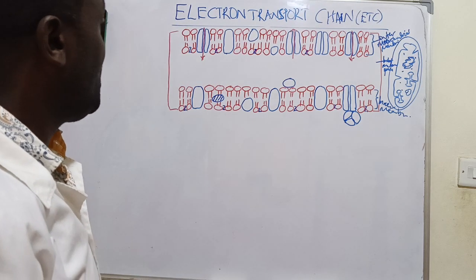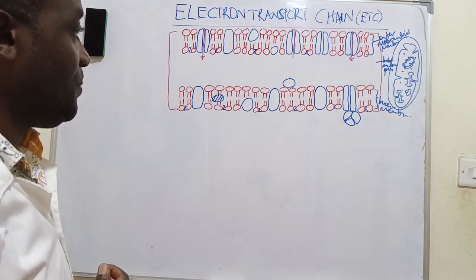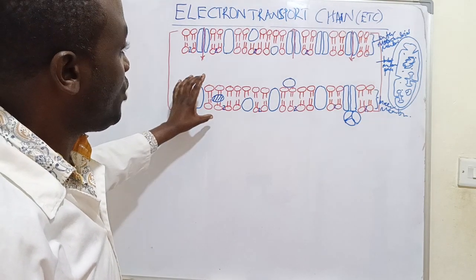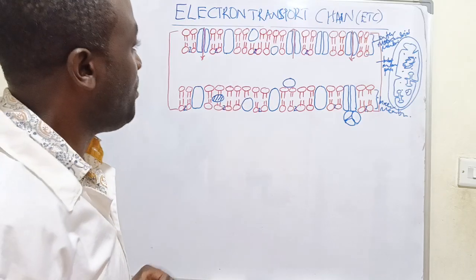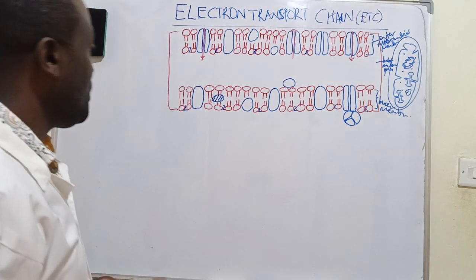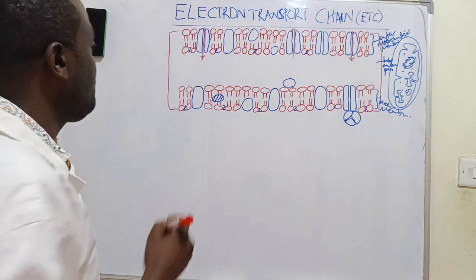Now, this is the electron transport chain. It is in the inner membrane that we have the electron transport chain.